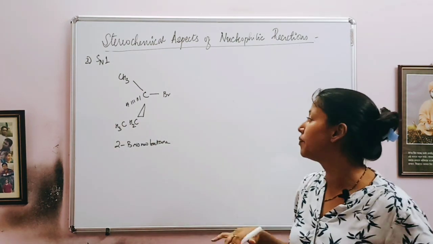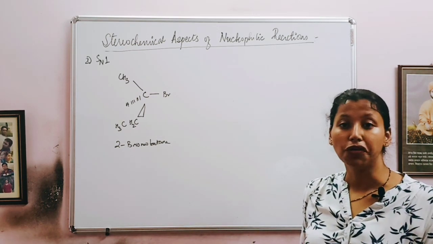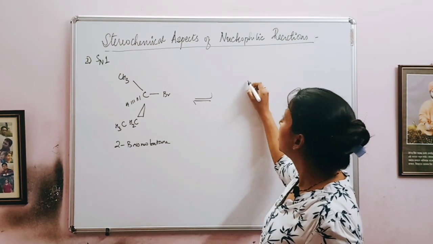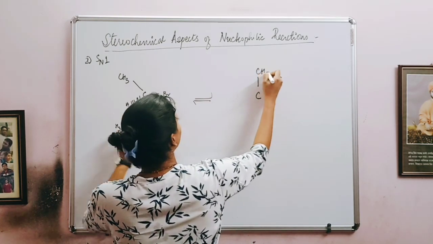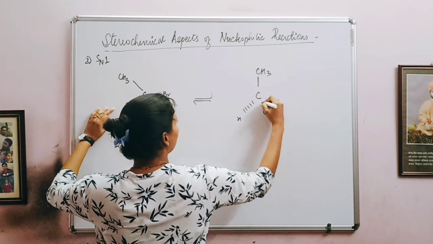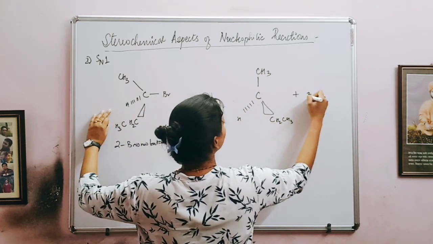We will see why. Now, during Sn1 reactions, the first step is formation of carbocation, which is the slow step. So C, and we have CH3, H, and CH2, CH3 plus Br minus.